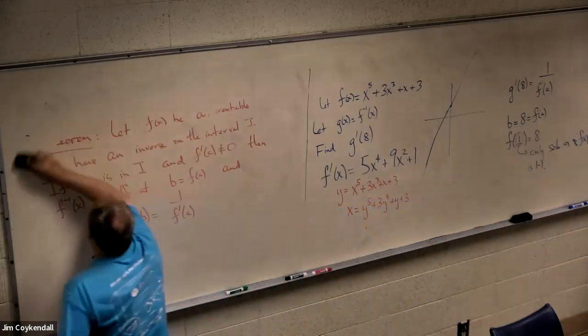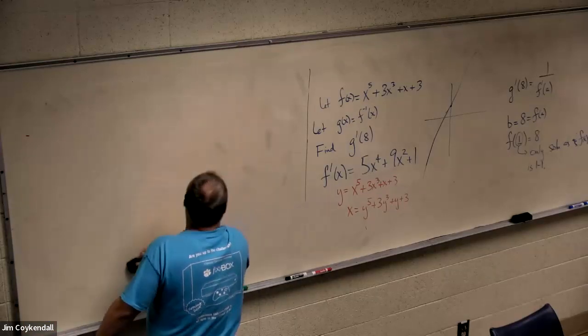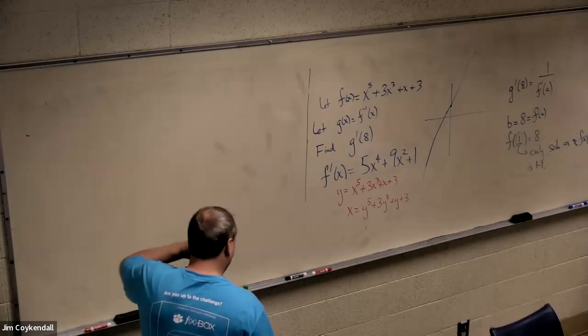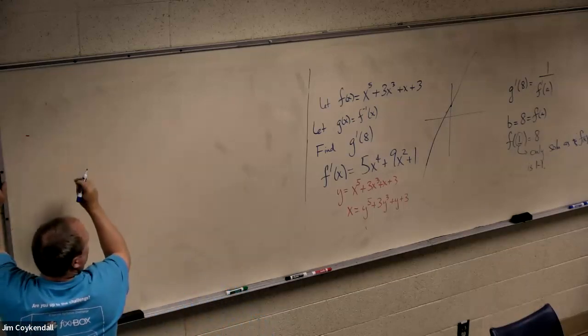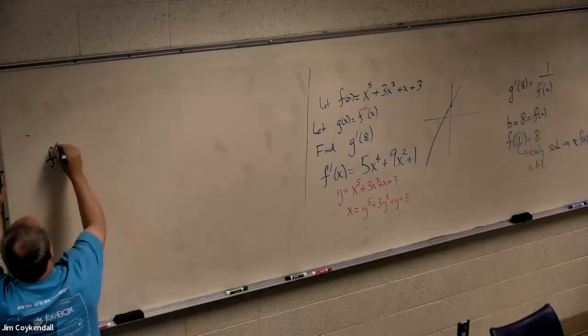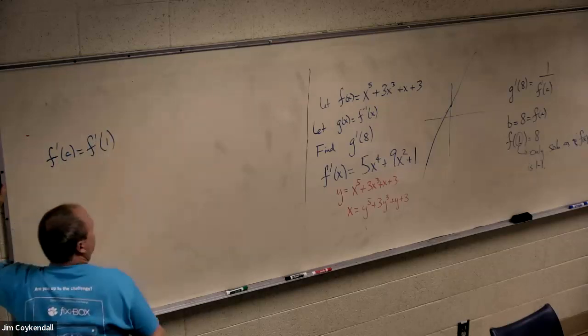Okay, so now let's just finish it off. Let's figure out what this is. What is g prime of a? If I want to find the slope of the tangent line, well, it's f prime of a, f prime of 1.